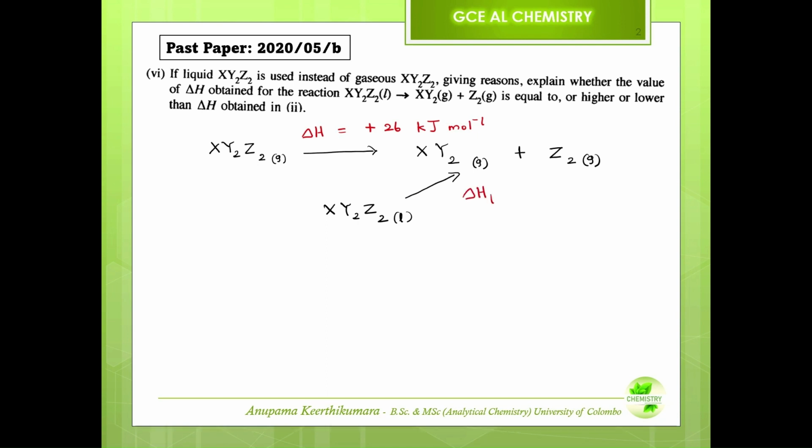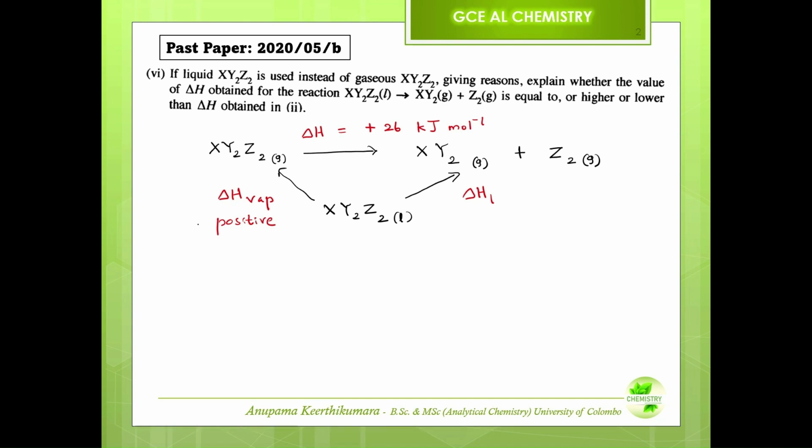To complete this thermochemical cycle, we need the enthalpy change of vaporization. That is, enthalpy change when liquid XY2Z2 converts to gaseous XY2Z2. Always vaporization enthalpy is positive. It's endothermic.